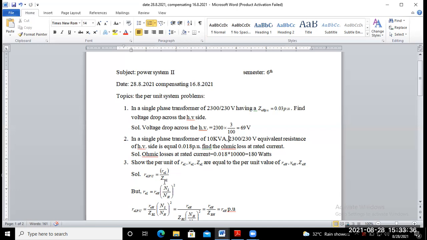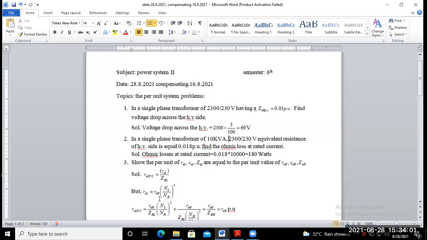So ZBL is the base impedance on the low voltage side. REL in per unit can be written in terms of REH, the equivalent resistance on the high voltage side.